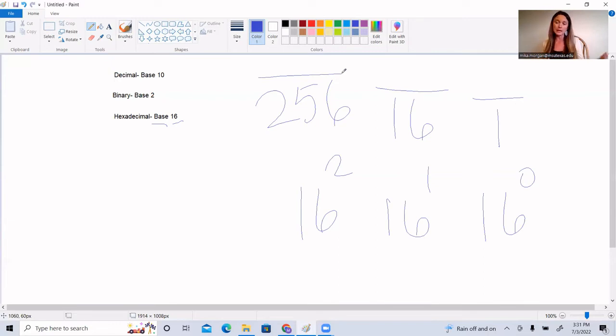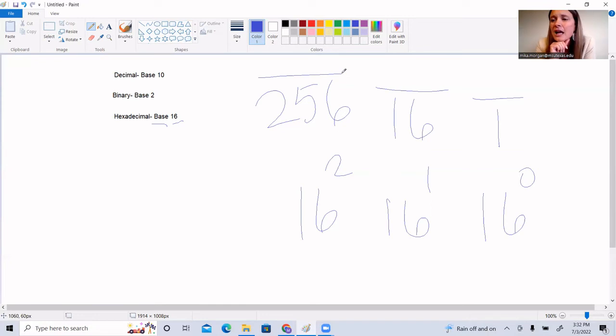Place values in base 10: 1, 10, 100, 1,000, you multiply by 10. Place values in base 2: 1, 2, 4, 8, 16, you multiply by 2. Place values in base 16: 1, 16, 256, you multiply by 16.